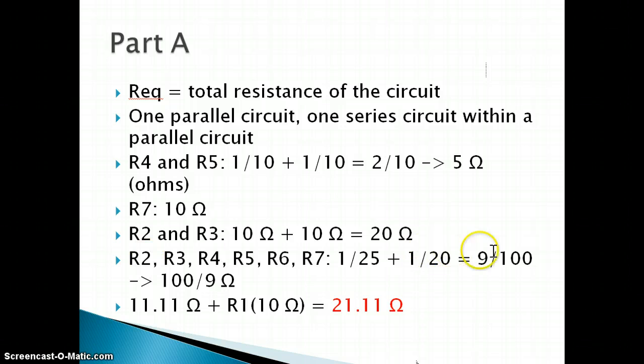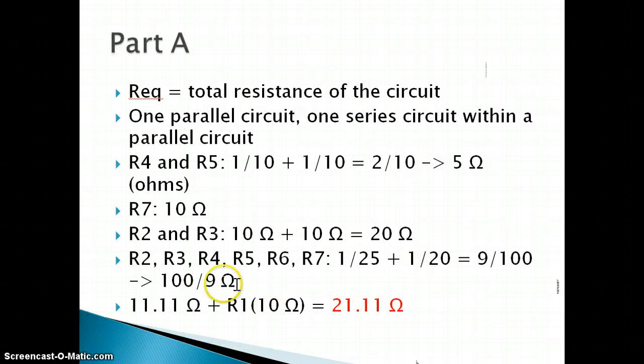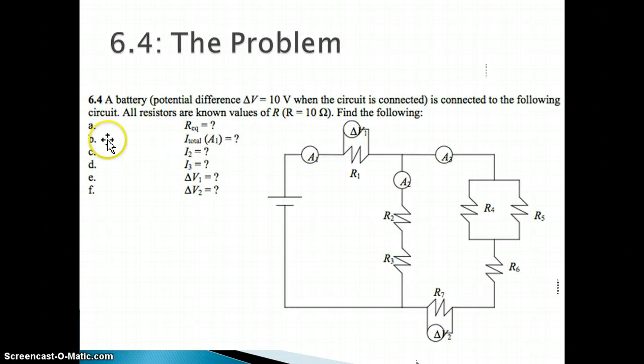Then we're able to get the value 9 over 100, and we take the reciprocal and we get 100 over 9 ohms. Now we have to consider R1, which is just 10 ohms, and add the values together to make sure we don't neglect that particular resistor, and we get 21.11 ohms. So that's the answer for part A.